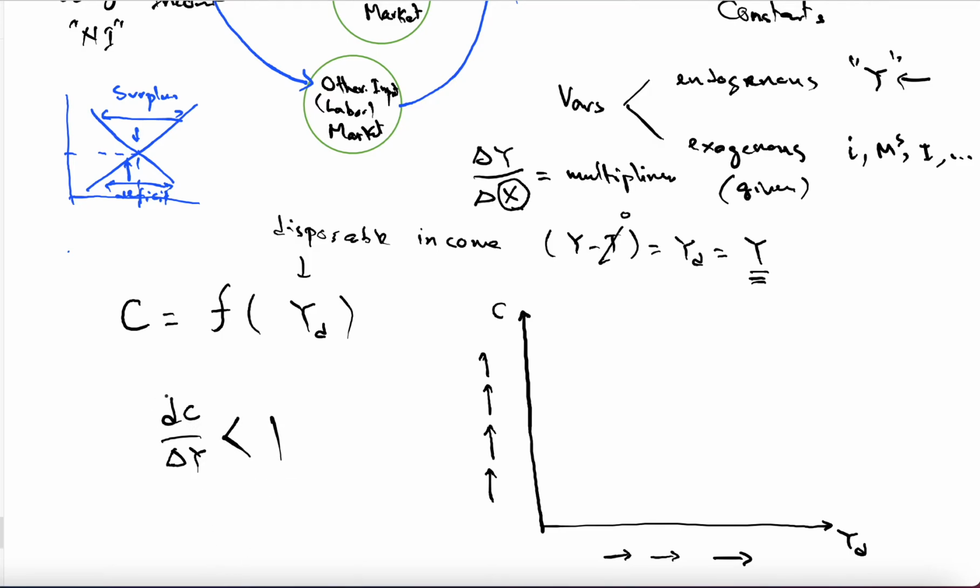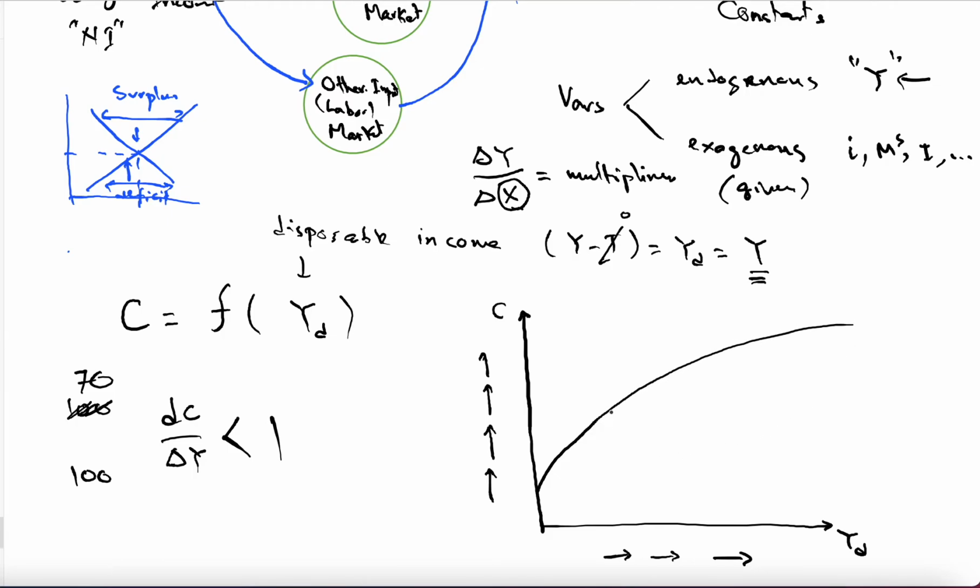It means that if the denominator increases by 100 units, the consumption is going to increase, but not at the same pace. It's going to be smaller than 100, let's say 70 units. So the slope is going to be something like this.